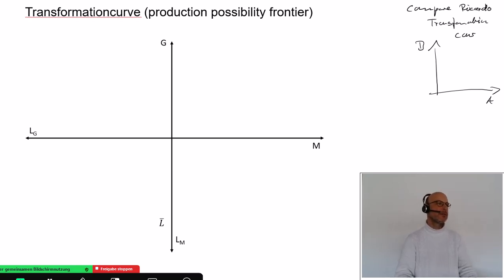If we increase labor producing A, then we have to decrease the output of B, and this was just the linear dependence. So increasing the production of A means decreasing the production of B.